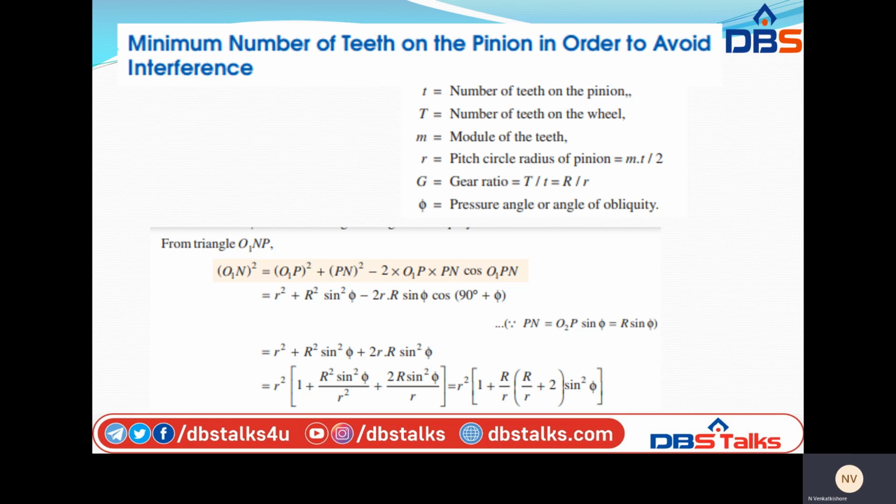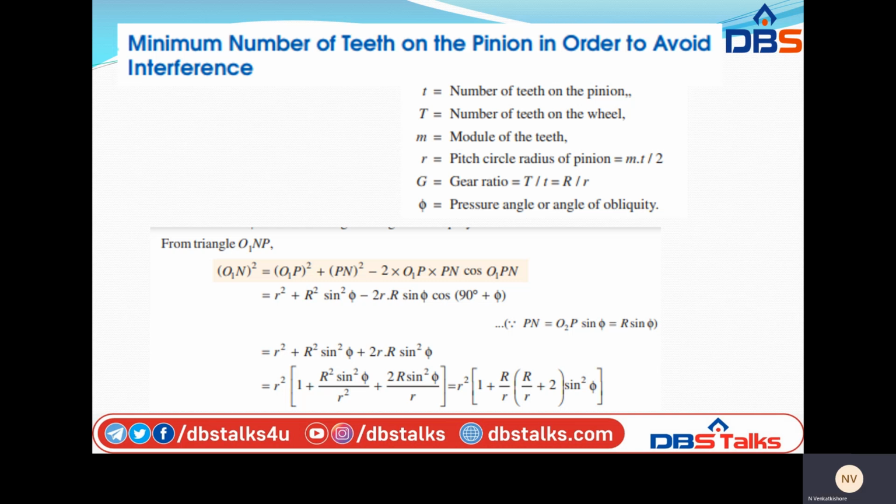So capital G is equal to the gear ratio, that is capital T by small t, or otherwise capital R by small r. And what is phi? That is the pressure angle or the angle of obliquity. So with the diagram, what is the gear mating diagram or gear trains diagram?